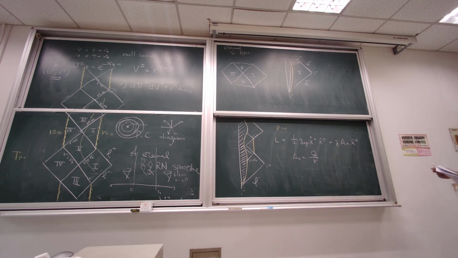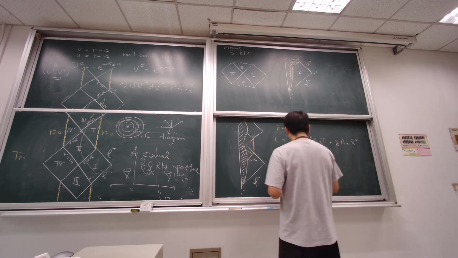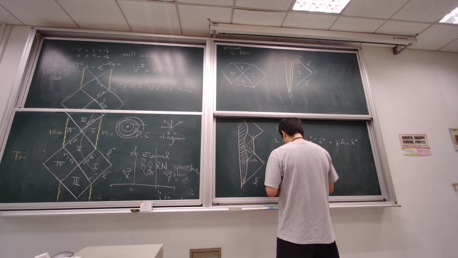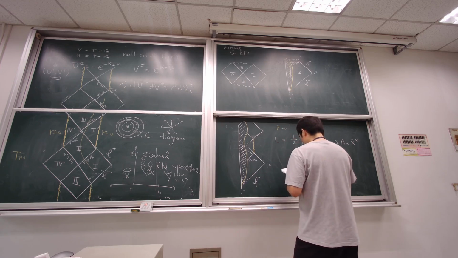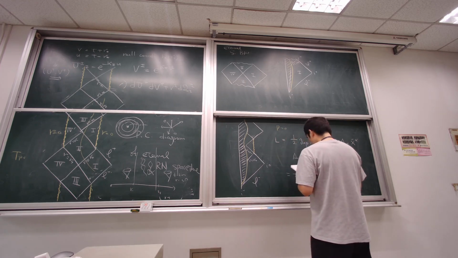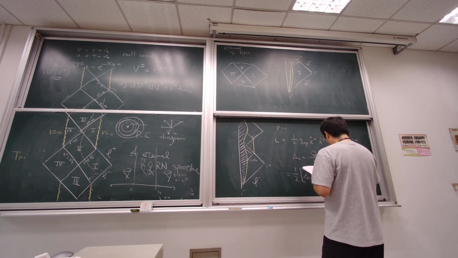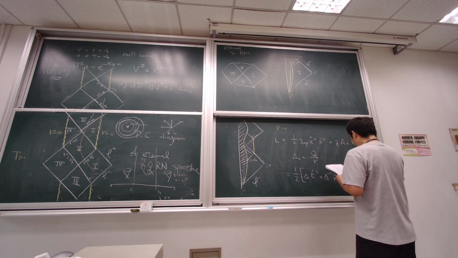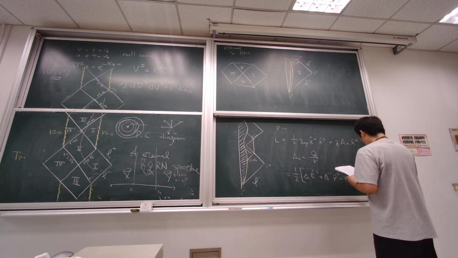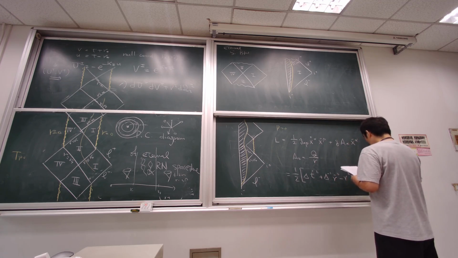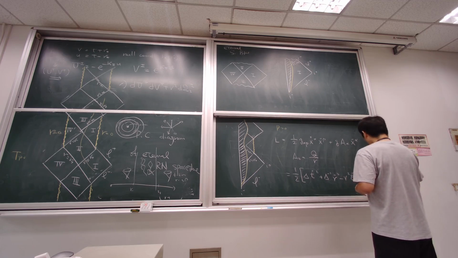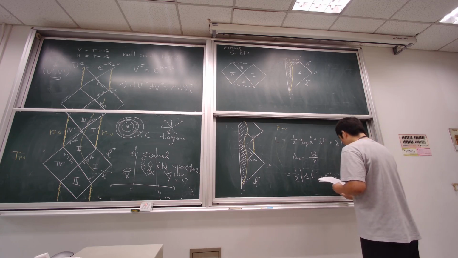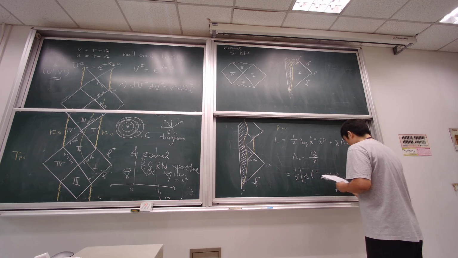If you write down this Lagrangian, we get one half of f t dot squared plus f inverse r dot squared plus r squared theta dot squared plus r squared sine squared theta phi dot squared, plus q capital Q divided by r times t dot.